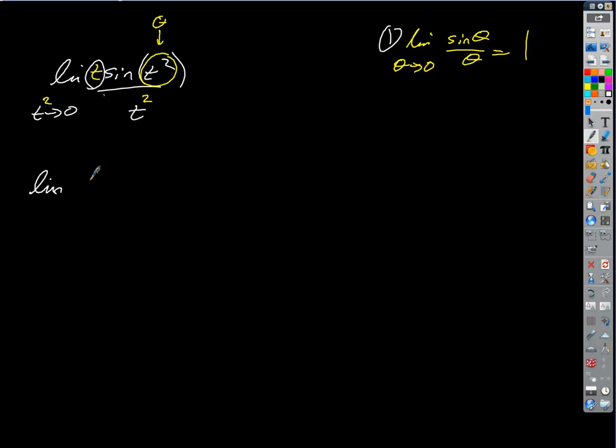I've got the limit of t as t approaches 0. We don't need to have t squared there. Times the limit of sine t squared over t squared as t squared approaches 0. Does everybody see that? I can split that apart into those two separate limits.